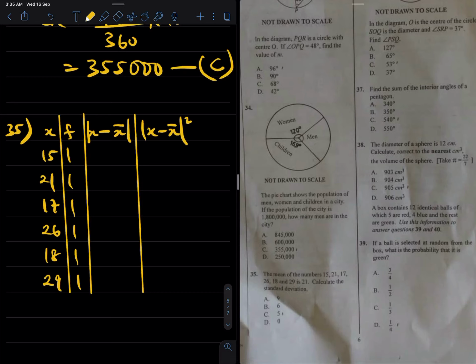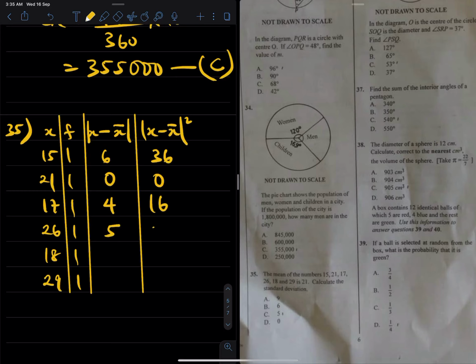So x minus mean: the mean is 21 from the question. So that's 15 minus 21, which is minus 6. Absolute value is 6. The square of that is 36. 21 minus 21 is 0. Square of that is 0. 17 minus 21 is minus 4. The absolute value of that is 4, and the square of it is 16. 26 minus 21 is 5.